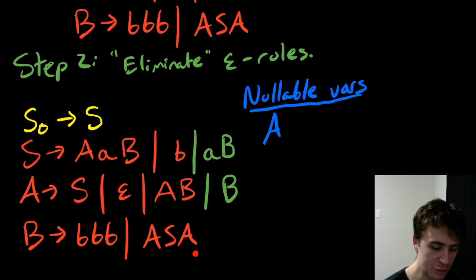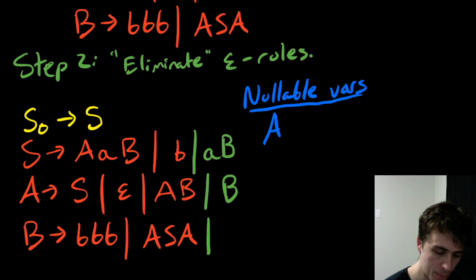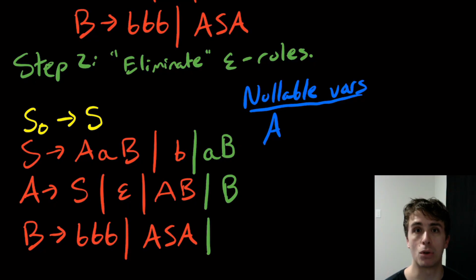But now we get to this one, which is kind of interesting. This one doesn't have A's in it, so we leave it alone. This one has two occurrences of A in it. So it's either the case that one of the two A's drops out, or both of them drop out, which is entirely possible. So here I'm going to be adding multiple rules. In fact, 3 more.